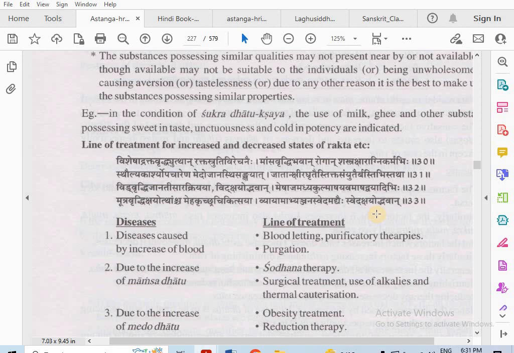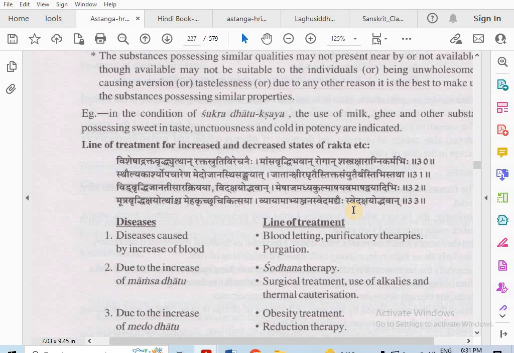The actual word is udbhava, and udbhavan is dvitiya bahuvachan, second case plural, like ramam, ramau, raman. So udbhavan means to those diseases that occur due to kshaya, decrease of sweat.